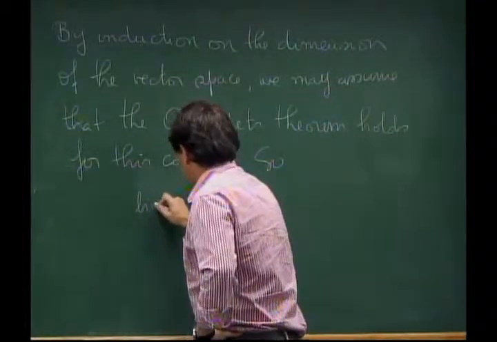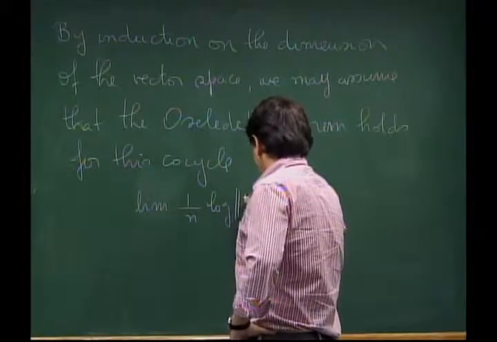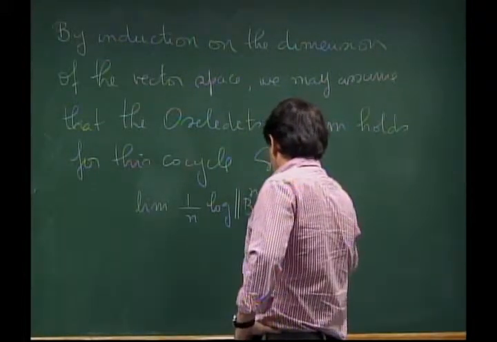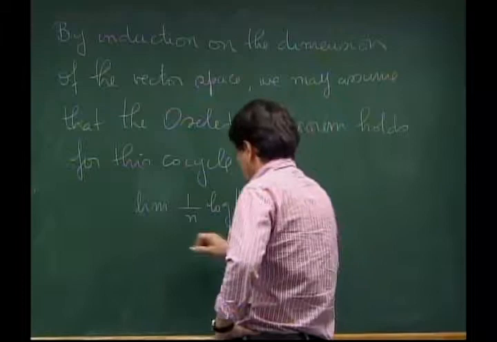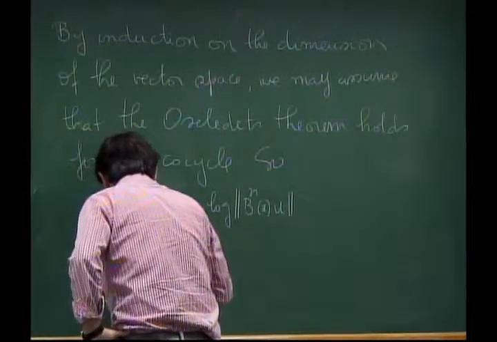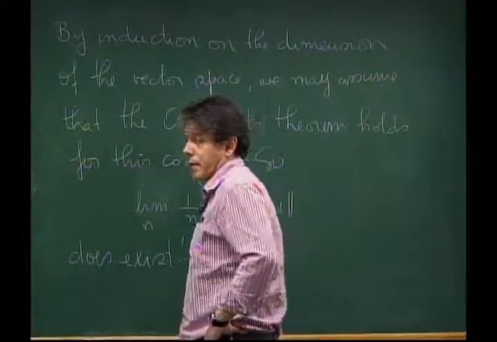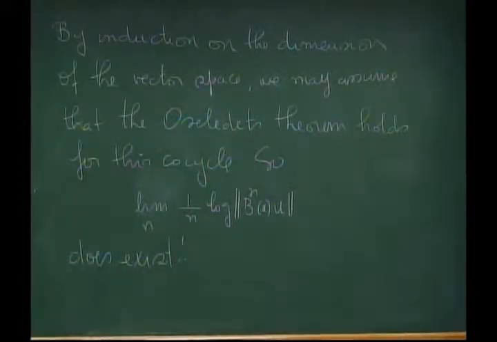So the limit 1 over n log norm of B_n x u does exist for almost every point and every u. And so that ends the proof.